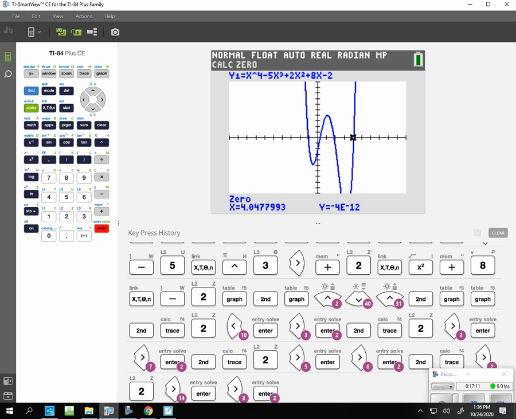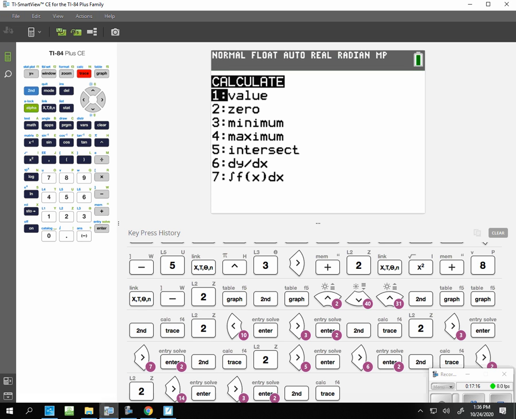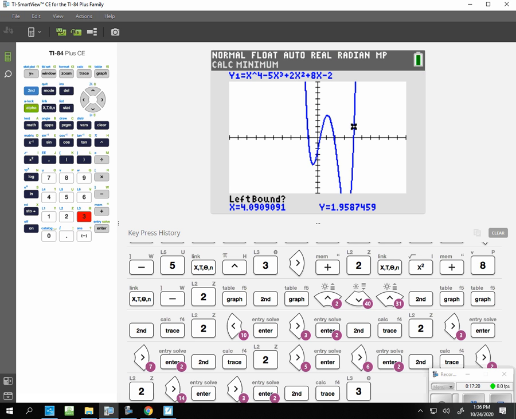Go back to my graphing calculator. This time I'm going to hit second, trace, and this time I'm looking for a minimum, so number 3. So I got to get all the way to the left of the minimum. So I'm going to go way over here, my cursor, until I get, there it is. So now I am to the left. I'm going to hit enter.